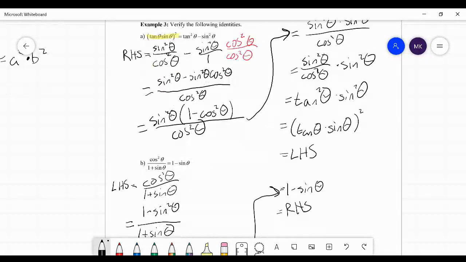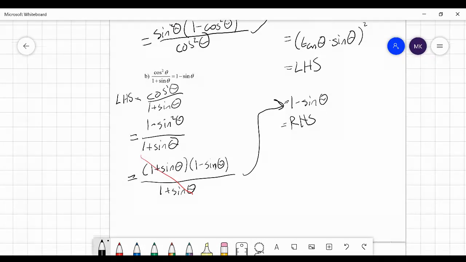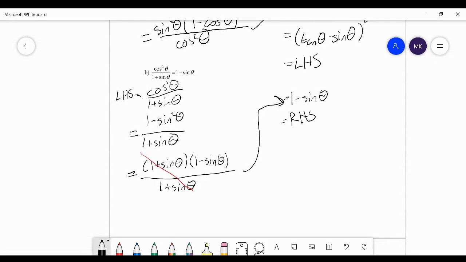So, in example B, we used the Pythagorean identity to change the cosine squared. Then we used factoring, in particular the difference of squares, and then we canceled things out. So those are all things that are very common in doing trigonometric verification of identities.